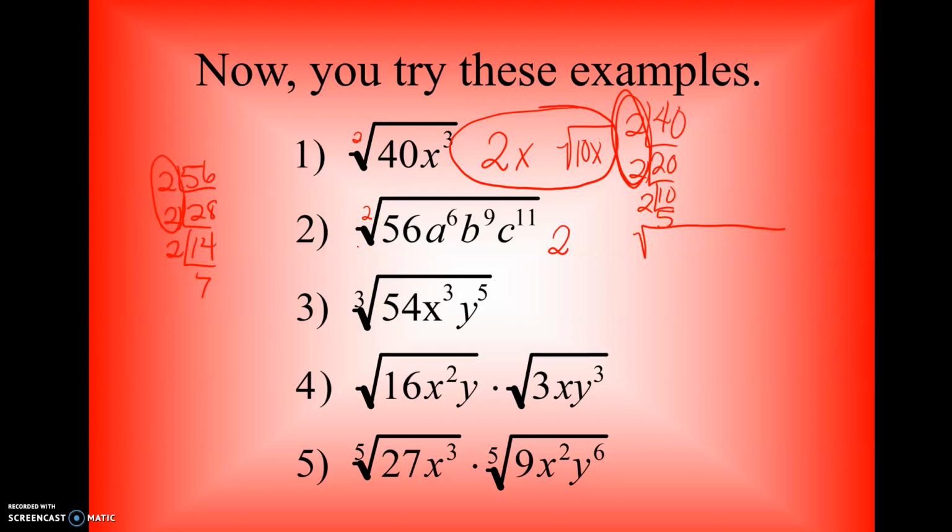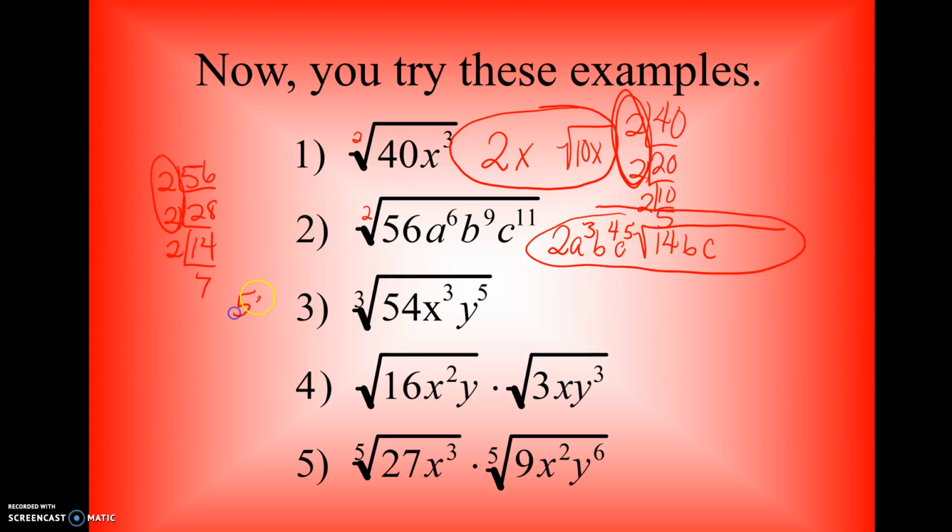And the 2 and the 7, so that's 14, has to stay home. 6 divided by 2 is 3. There's no a's left over. 9 divided by 2 is 4, with 1 b left over. 11 divided by 2 is 5, with 1 c. Notice these powers of the b and c should not be more than 2 since my radical index is 2.